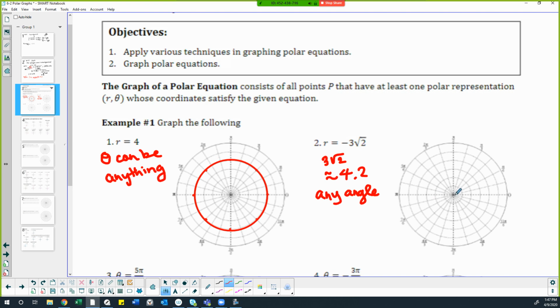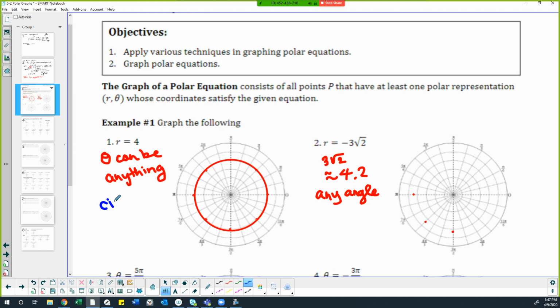So if I'm choosing angle 0, I'm going backwards 4.2. Or if I'm choosing pi halves, I'm going backwards to 3 pi halves. But it doesn't matter because regardless of how the angle is associated with the radius itself, ultimately it's going to still create a circle with a radius of 4.2, correct?